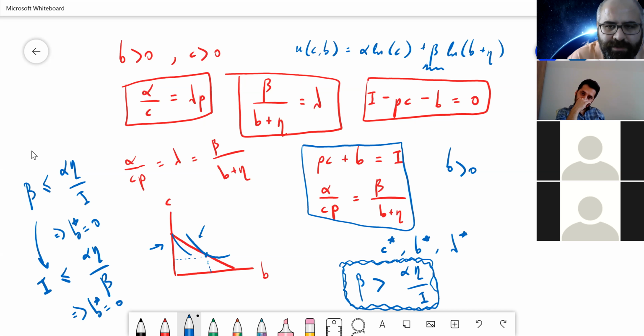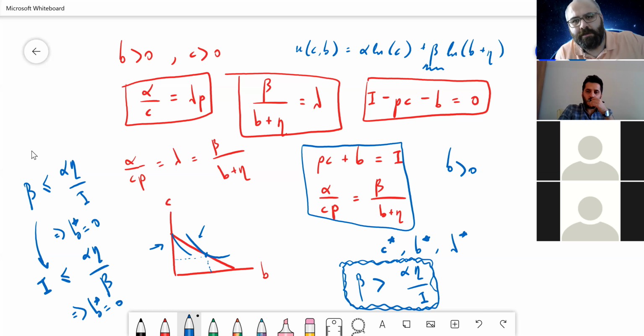Okay, so you can interpret it in different ways. They're all relative, of course. Given your bequest preferences, you do not leave bequest to your kid if your income is low. Given your income, you do not leave bequest to your kid because you do not prefer it. Your preference for bequest is not strong enough. You are not altruist enough, for instance.